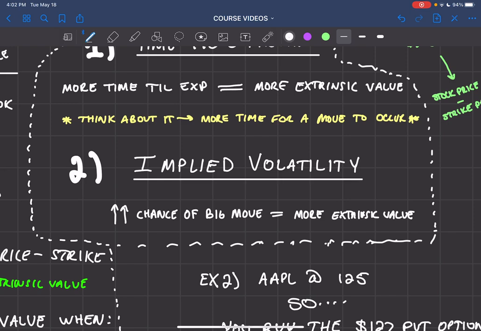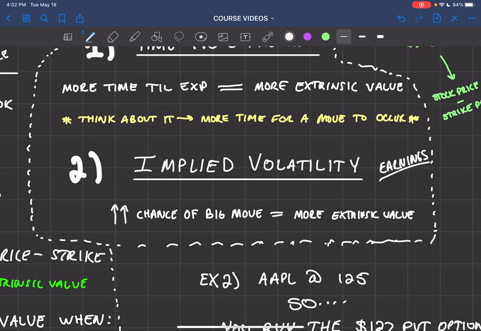So next we have implied volatility, and we just covered this. We can think of implied volatility as the market's guess of where the stock's going to go. So the bigger the chance of a big move, the more extrinsic value. Let's think about this like an earnings play. You might have heard people talk about playing earnings of a stock.